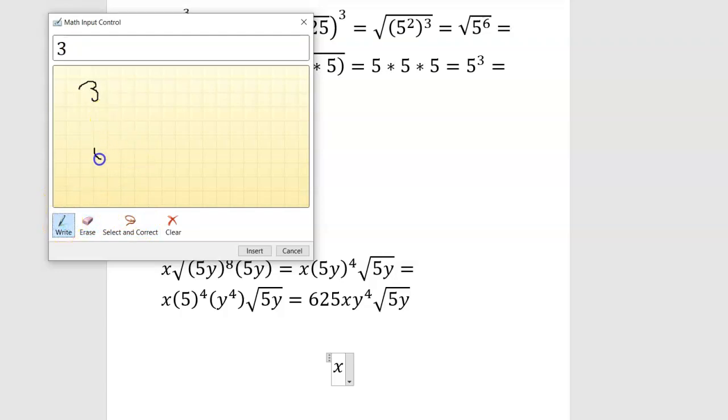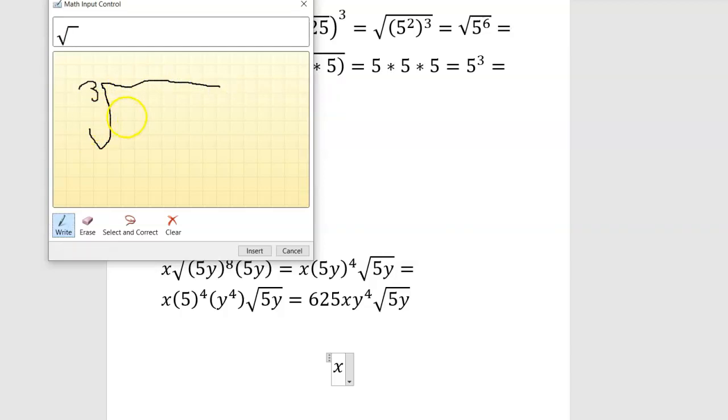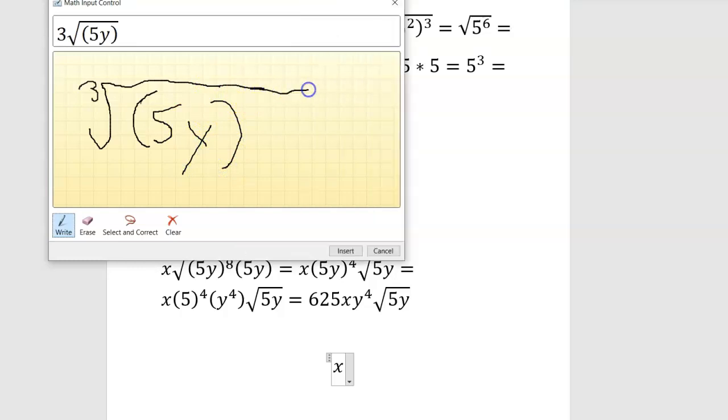So let me write. Here's the cube root of, I want parentheses, please, 5y cubed, or no, to the 9th.